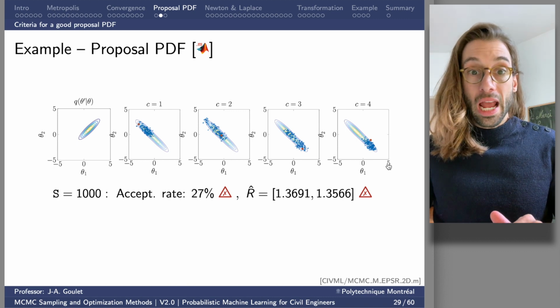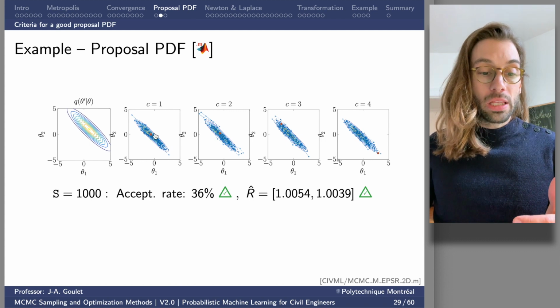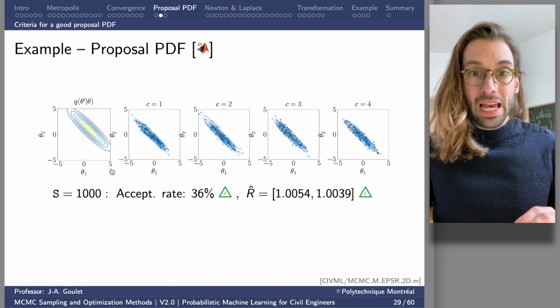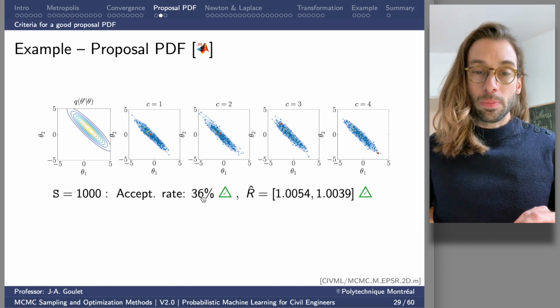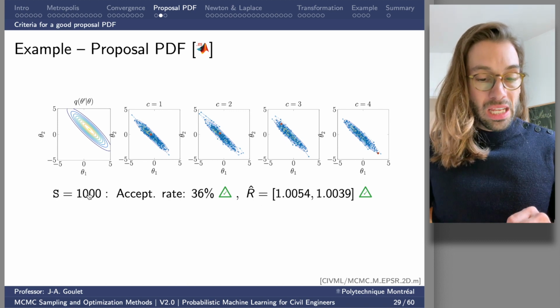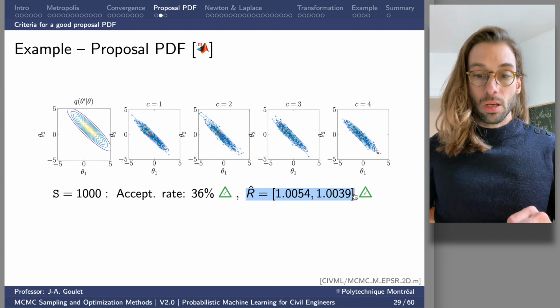So what should I do instead? Have a proposal that's going to be compatible with my target, okay? Here, by carefully selecting my proposal to have a good acceptance rate that is within the target, with the same number of samples, now I can reach really low EPSR values, okay?